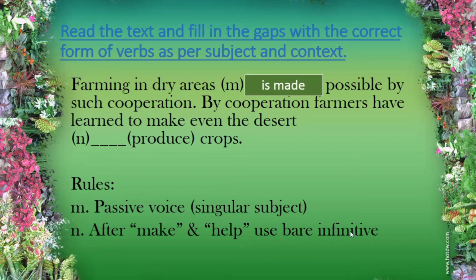So bare infinitive means we should not use to over here. And do we have the verb make or help? Yes, we have it. Make even the desert produce crops. As we have make, that's why we should use only produce.